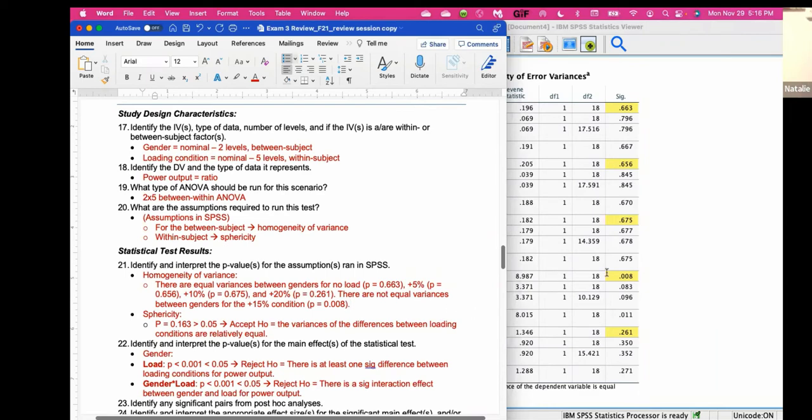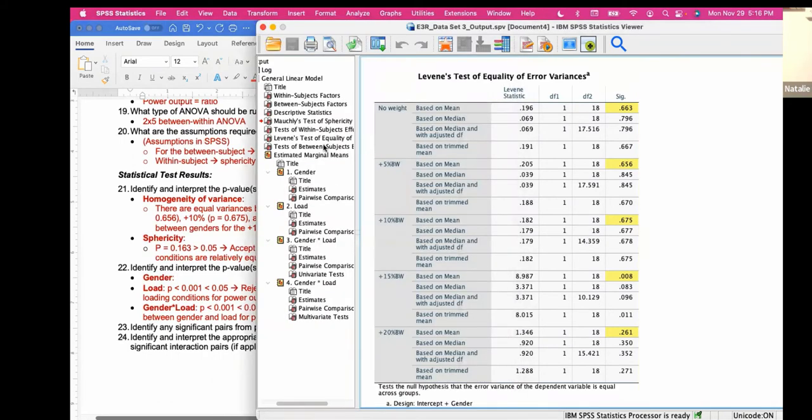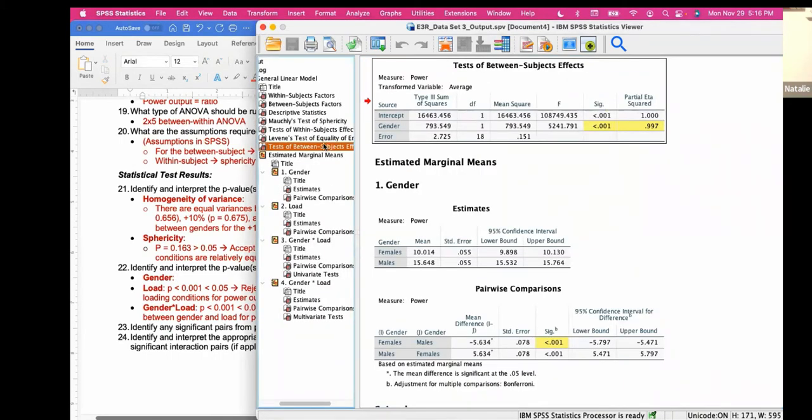So even though we violated homogeneity of variance for this plus 15% condition, we're still going to read the ANOVA table as if we met the assumption for all of the levels of our between subject variable within all of the levels of our within subject variable. So we shall say for now, we've met all of our assumptions. So then we can look at our p-value in our test of between subjects effects table.